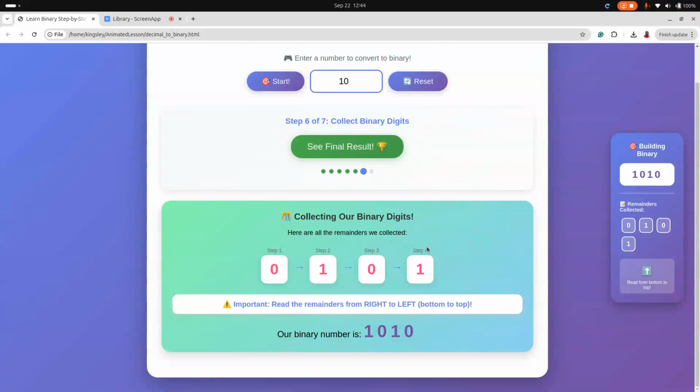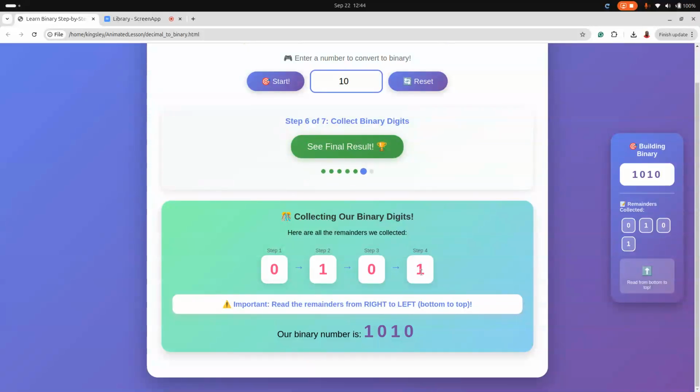Pay attention. Instead of reading from the left, you read from the right, starting with the last one, step 4. You say 1, 0, 1, 0.